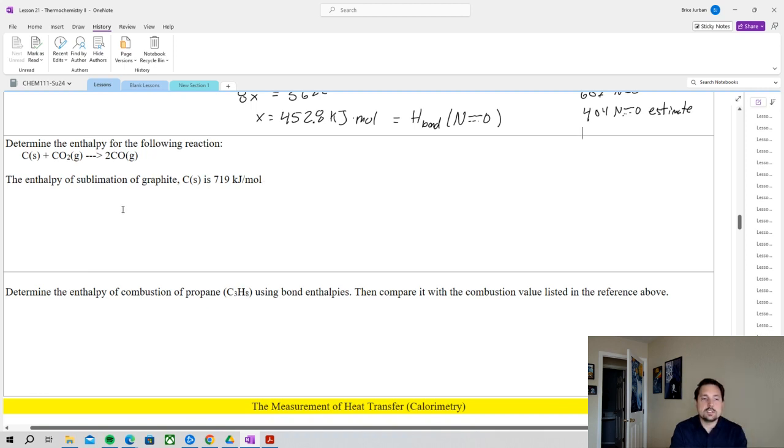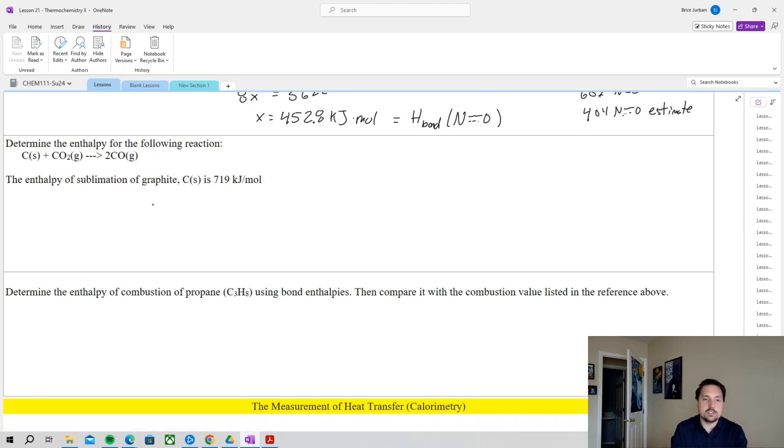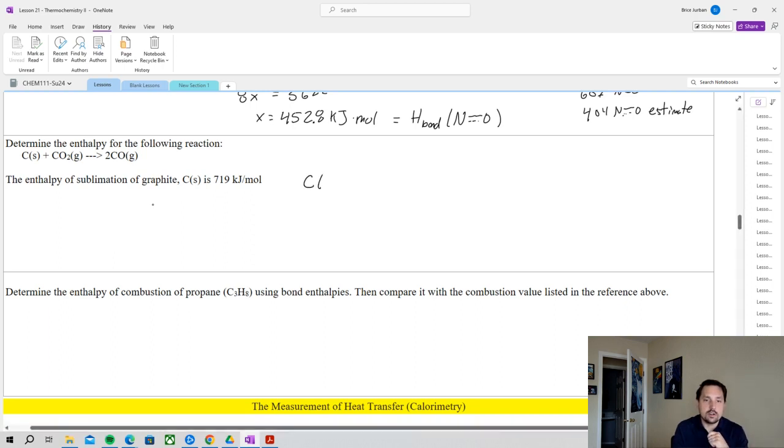What is the enthalpy of sublimation? Well, sublimation is a phase change I'll talk about in a little bit. When you go from a solid directly into a gas. So when carbon goes from a solid to a gas form, that is sublimation.